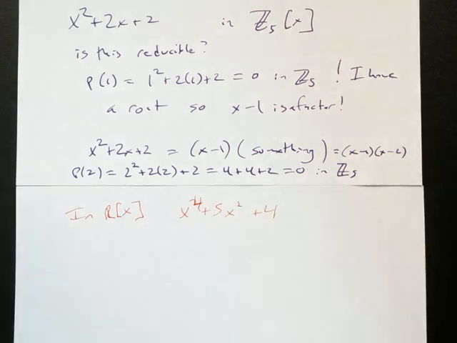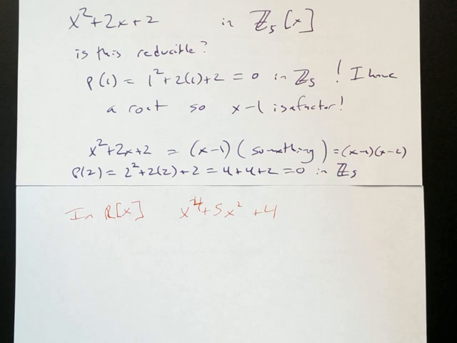let's consider in R[x], the real numbers, x to the 4th plus 5x squared plus 4. Can you factor that? I don't want to try plugging in, because there are infinitely many things I could plug in and that would just suck. So let's go back to using regular, ordinary algebra techniques, no funny tricks.